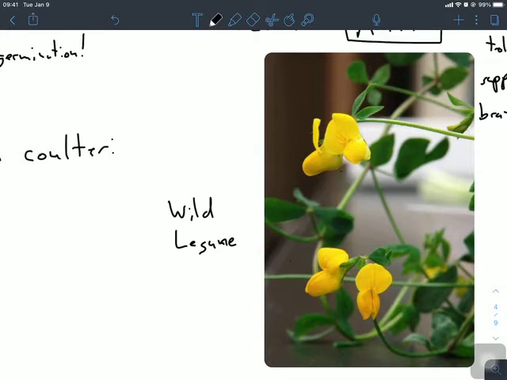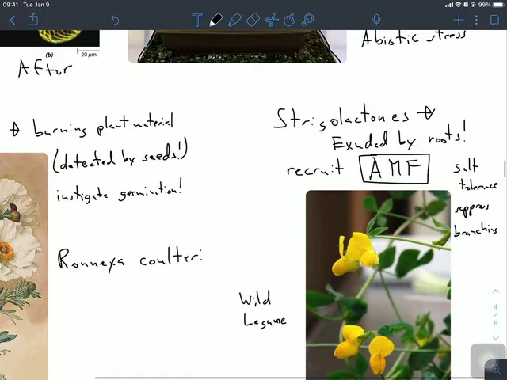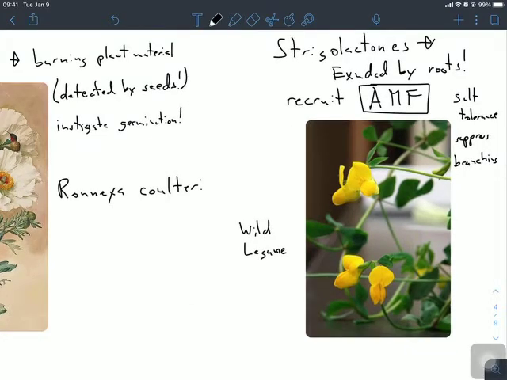This ability to fix nitrogen means that a lot of bean plants, legume plants, are high in protein because nitrogen is an essential building block in proteins. So, this relationship between arbuscular mycorrhizal fungi and plants is very well studied in the beans.